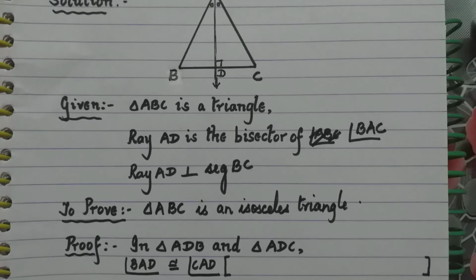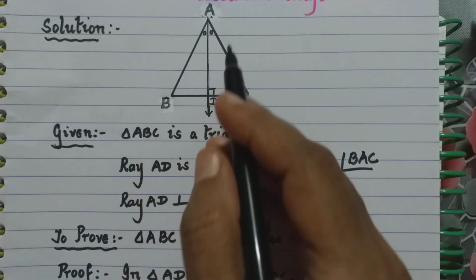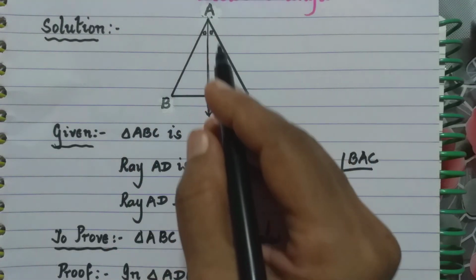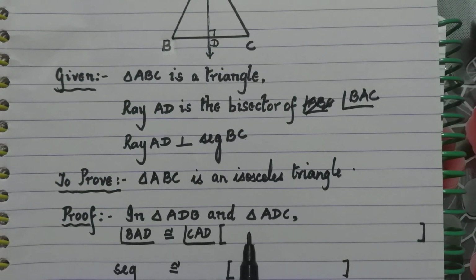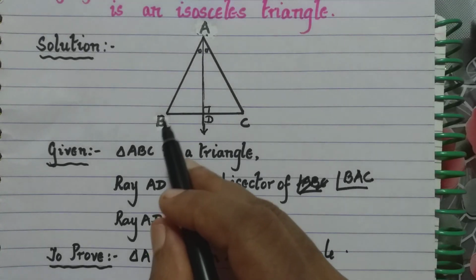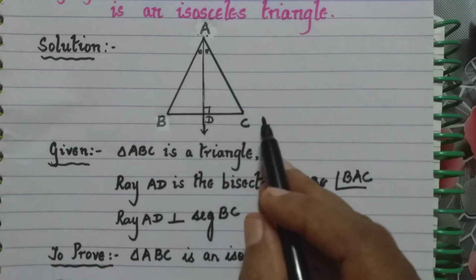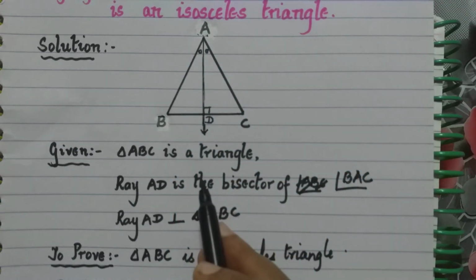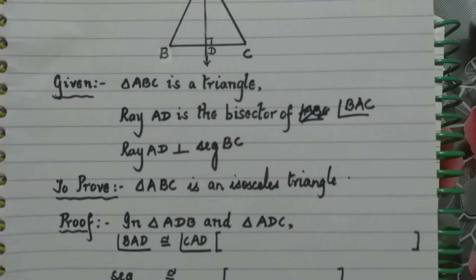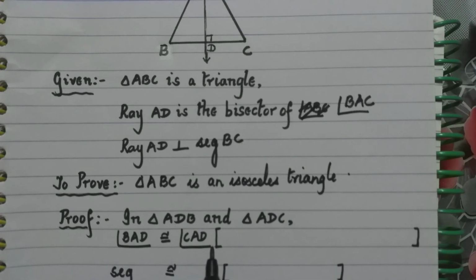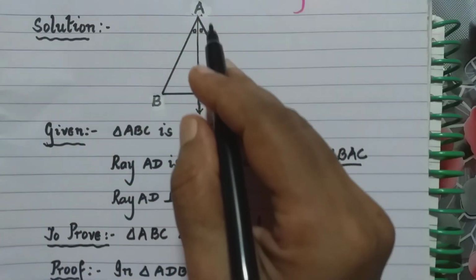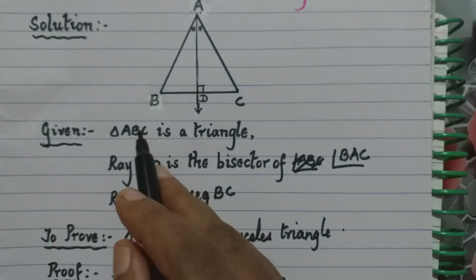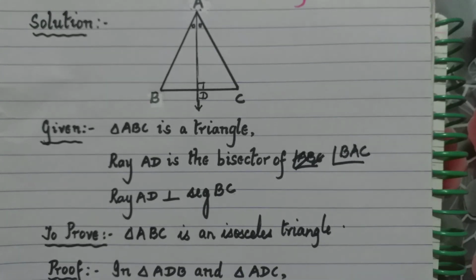Now, how do I prove? I will consider two triangles, triangle ADB and triangle ADC. So, in triangle ADB and triangle ADC, angle BAD is congruent to angle CAD, right? Why? Because ray AD is the bisector of angle BAC.